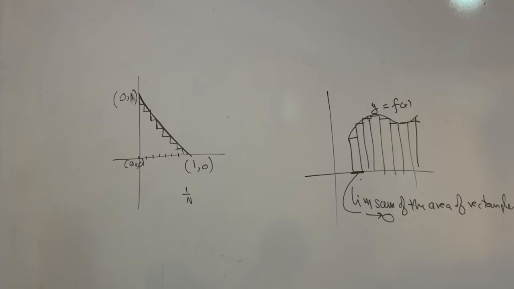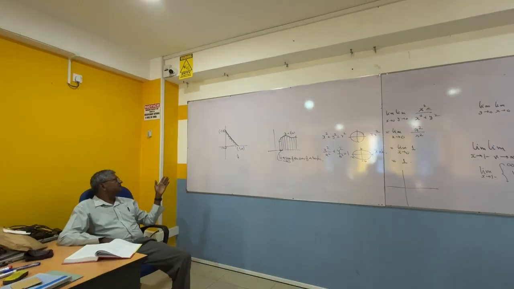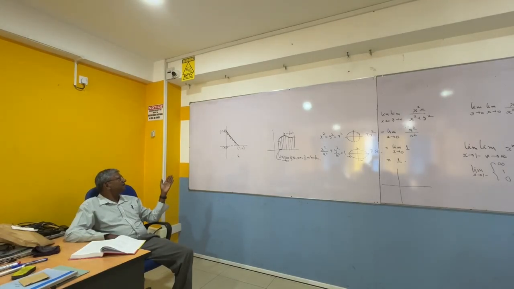So we have to answer something. Because an analysis student might think, if he does not know the Pythagorean theorem, this is the way to do it. You approximate this thing by a staircase of height and width both of the same length, 1 over n.